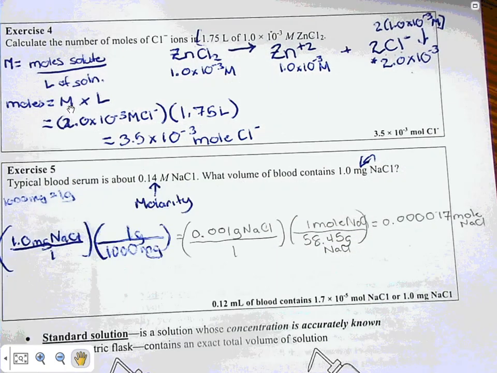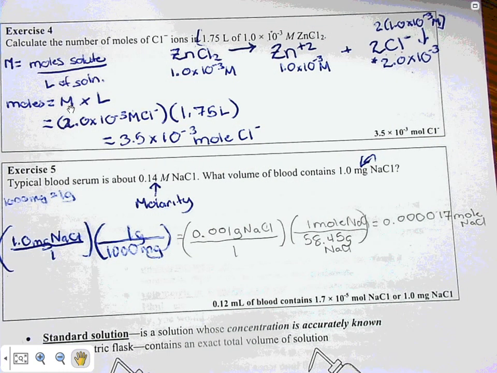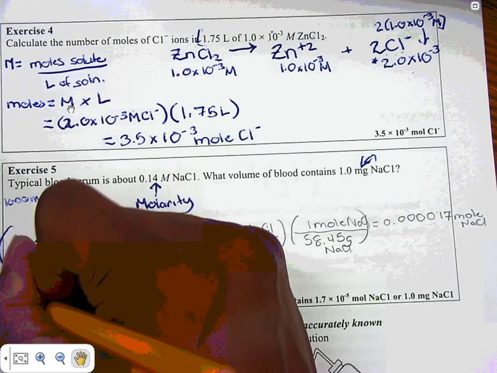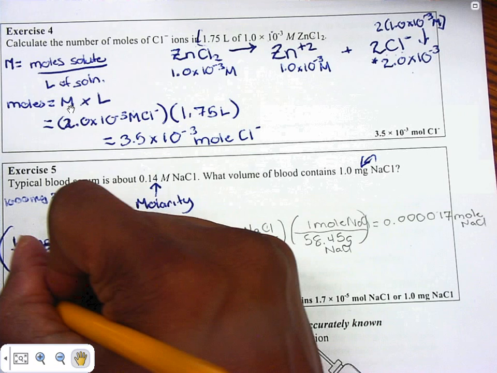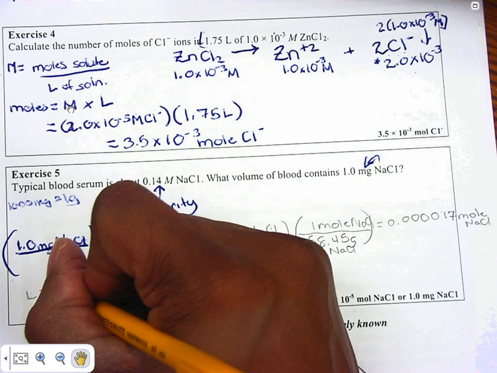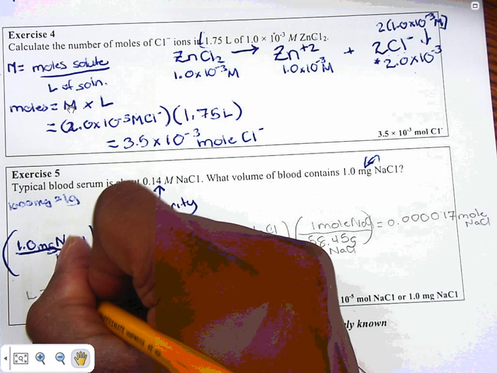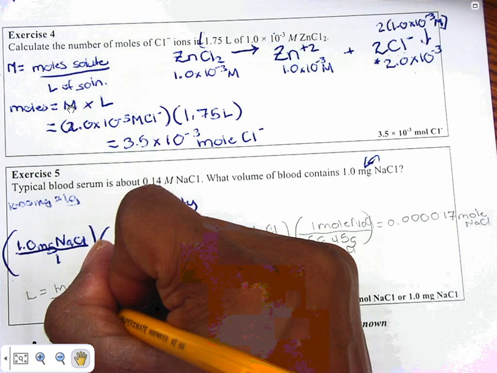So we know our moles. We also know our molarity. According to the rearrangement of that equation, if we are solving for our volume, which is going to be representative of liters of solution, it is going to be equal to the moles over molarity.